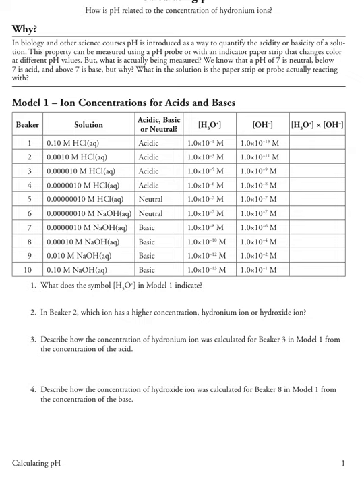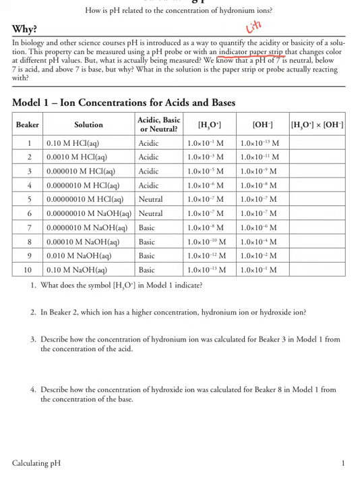A pH probe is something that you would basically insert into a solution, and it would just tell you the pH. Another way we would measure pH in our class would be with an indicator paper strip. There are numerous indicator paper strips.